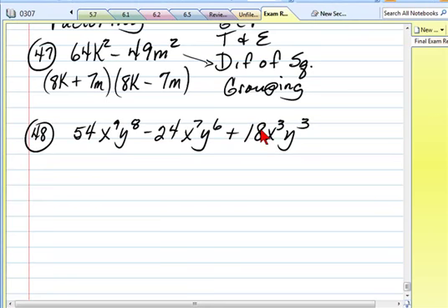And the answer is yes. Is there a common variable? Do they all have x's? What power can I take out? 3. And what power of y? 3 also. So it's going to be very small when I write this, but I'm going to divide each of these by 6, x to the 3rd, y to the 3rd.